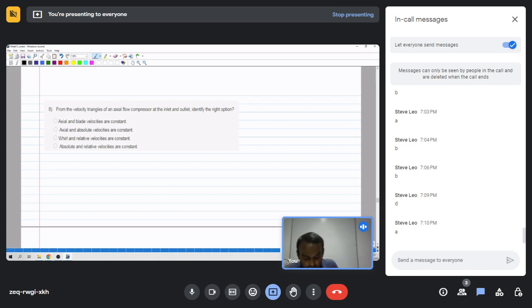Yeah, I think it is simple. So we know that the blade velocity is constant, and the axial component is also constant in an axial compressor.